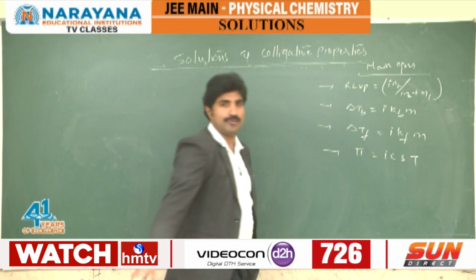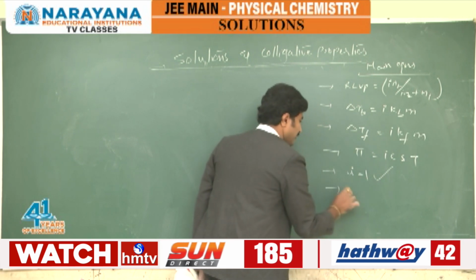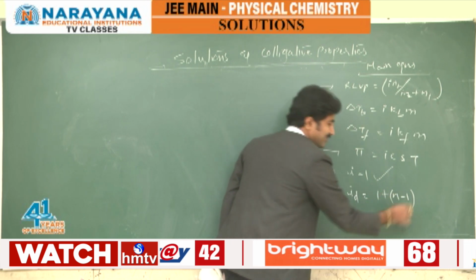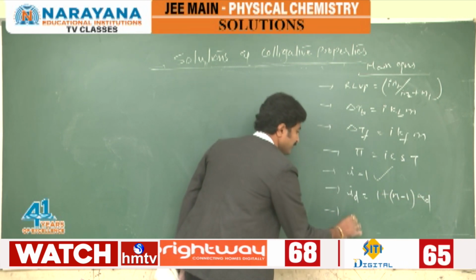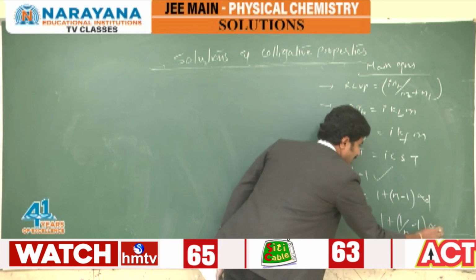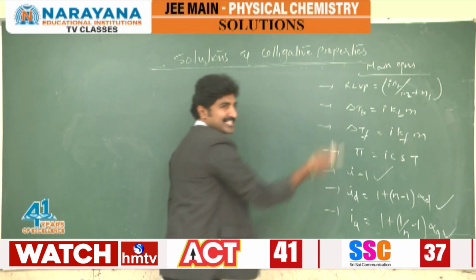We know these 4 main colligative property equations. In this, i is equal to 1 cases we know, i dissociation cases also we know, that is i dissociation is equal to 1 plus (n minus 1) into alpha dissociation. i association is equal to 1 plus (1/n minus 1) into alpha association. Okay, by knowing i values, we can use these expressions.